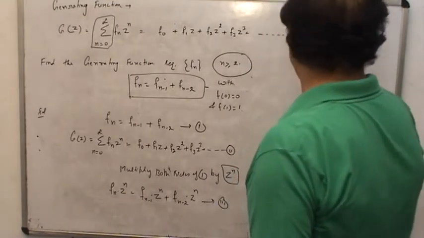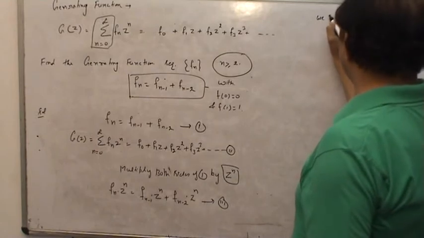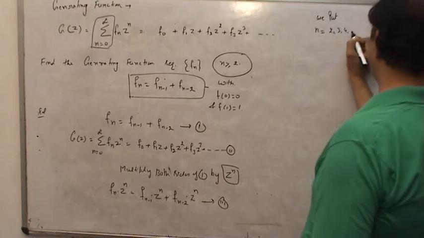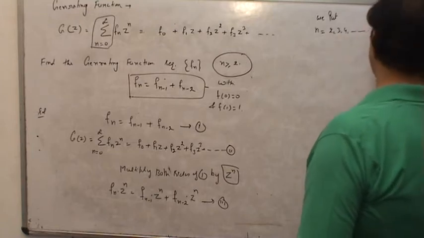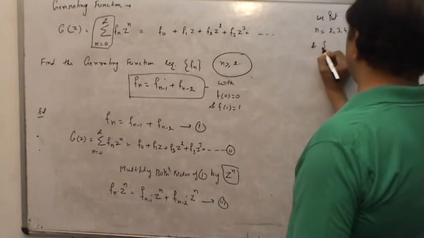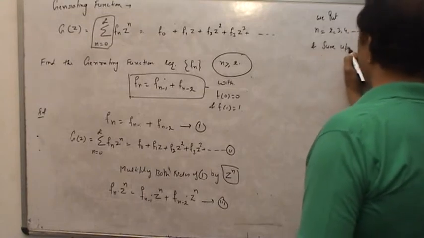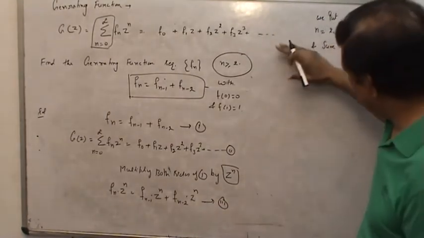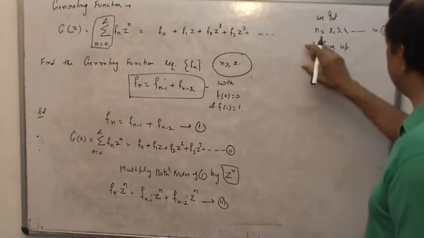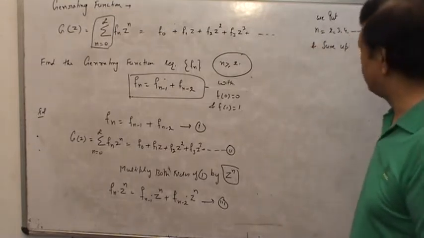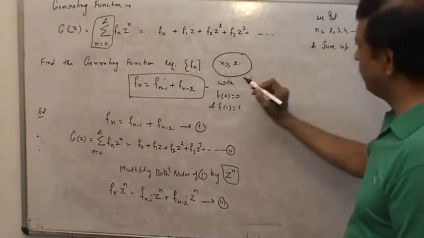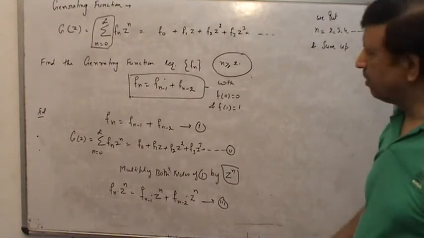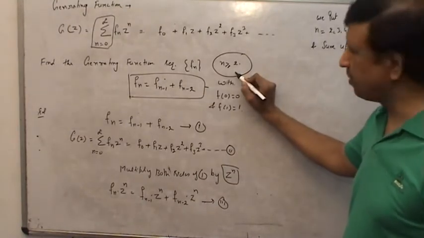When we put n is equal to 2, 3, 4 and so on in 3 and sum up, put the values of n, 2, then 3, then 4 in the vertical form and then sum up all the terms. Why have we taken from 2? Because in this sequence the value of n is greater than or equal to 2. We are concerned with this situation of n.